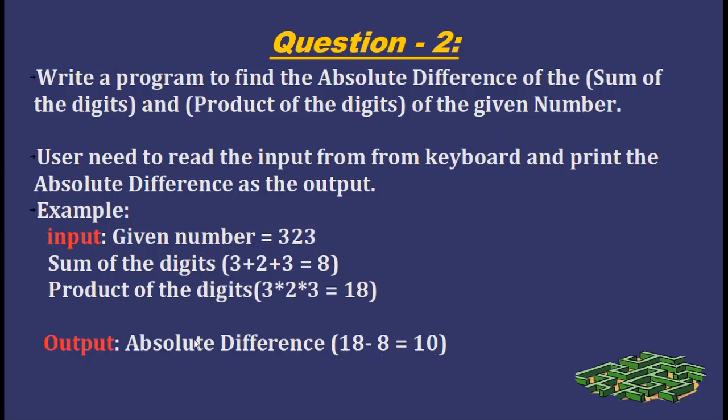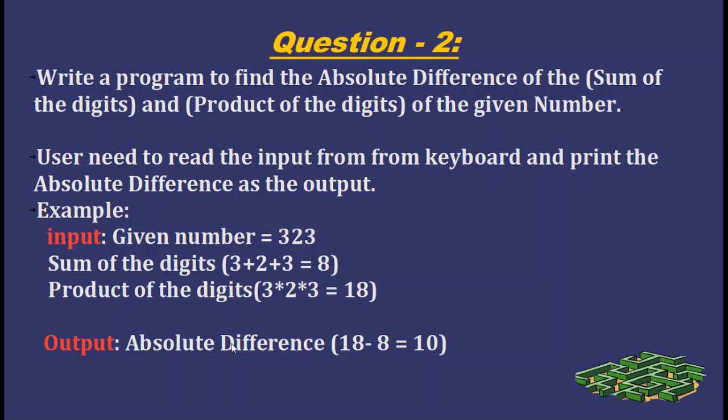Now you might get a doubt over here. You might be doing product minus sum or sum minus product. If product is greater than sum, then you would get a positive number as the output. But I am asking for the absolute difference.